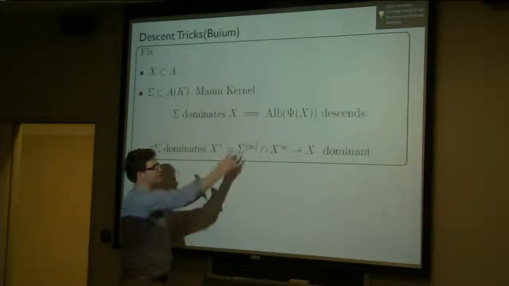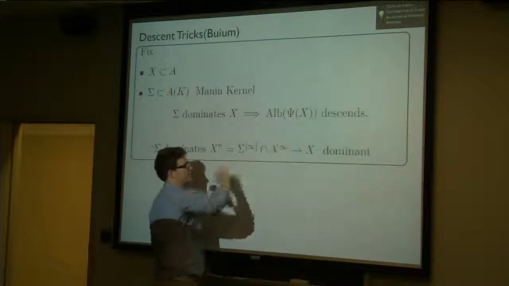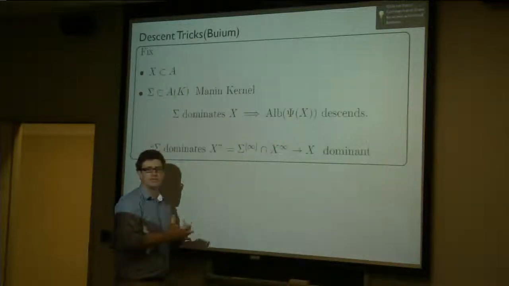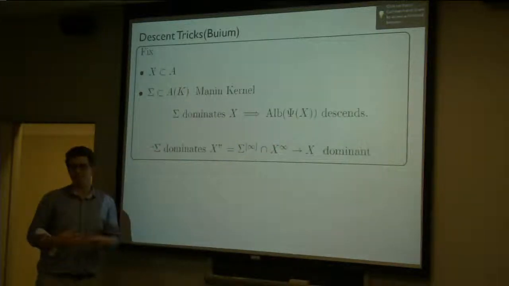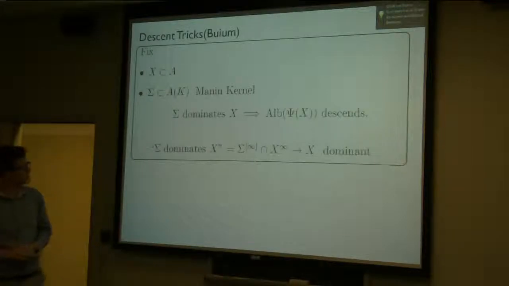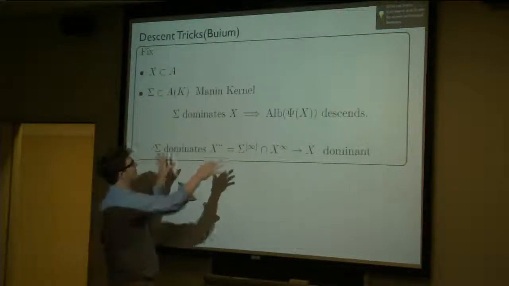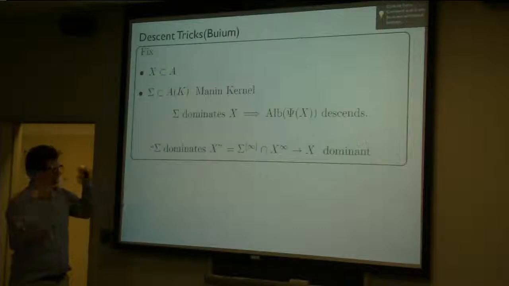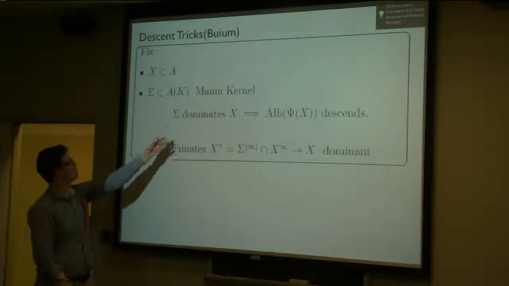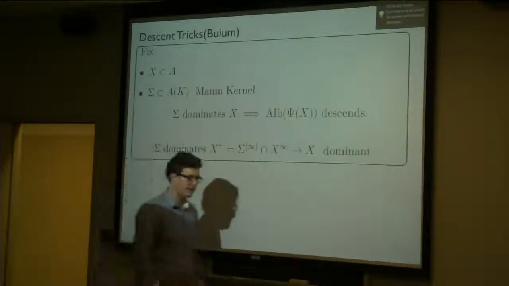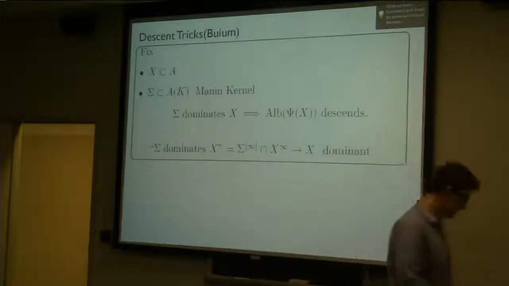This is completely algebraic, and this is the jet space of this guy. They both live inside the infinite jet space of the abelian variety. So this gives you a condition, for example, this could be a lot of torsion points, and it gives you a condition for descent.